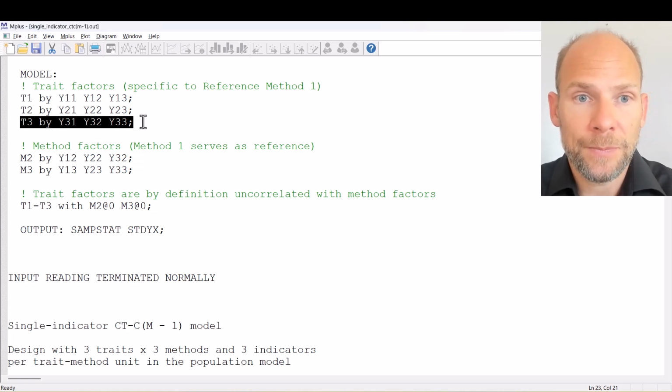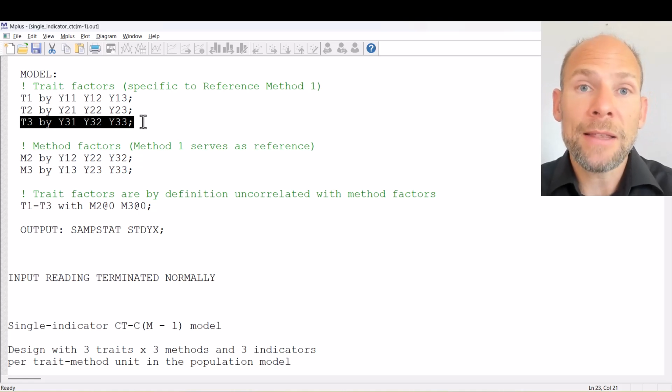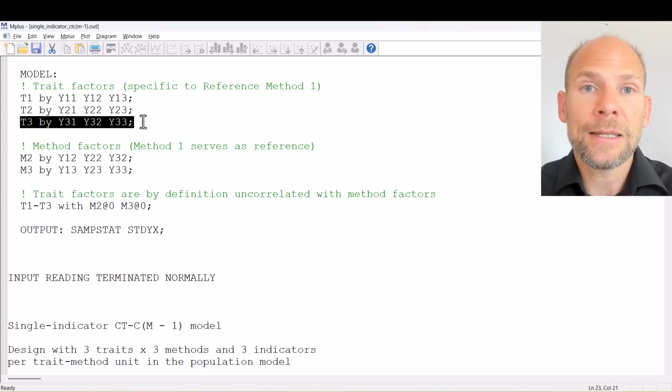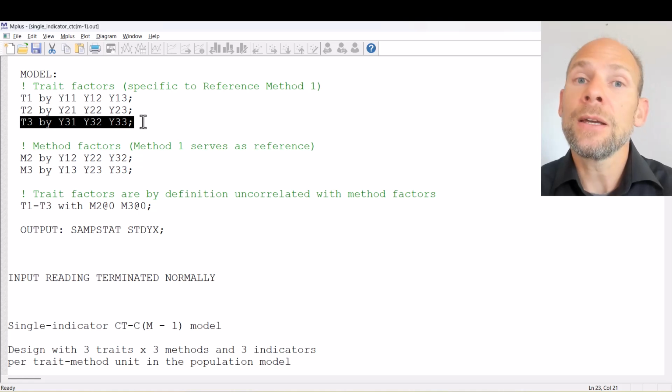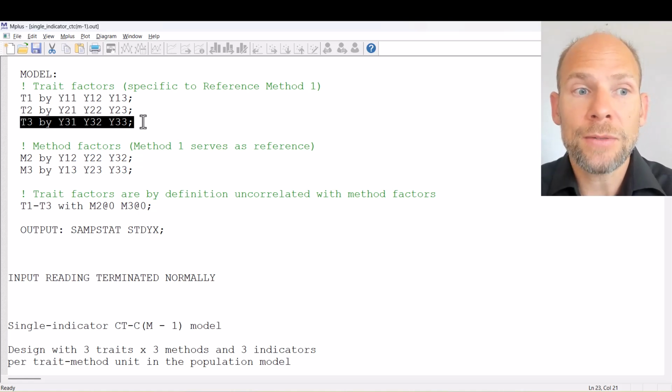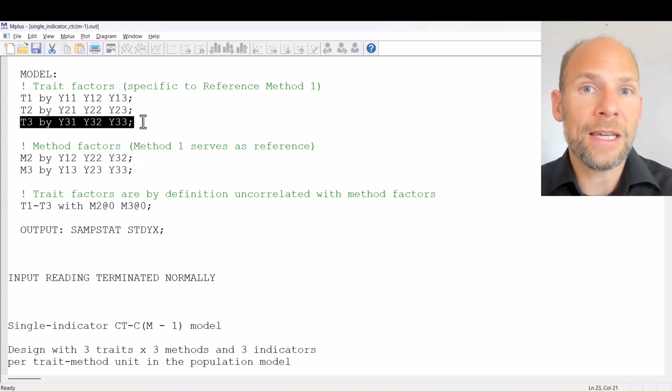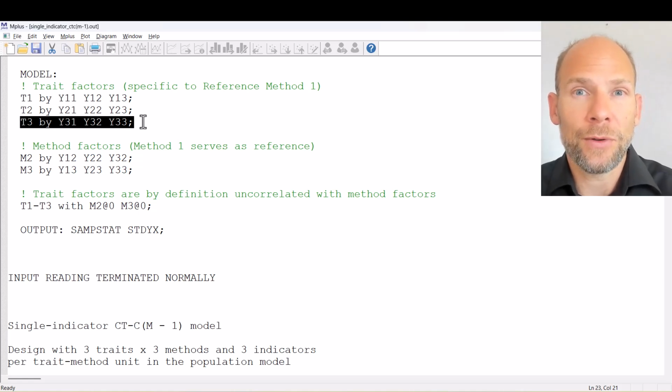Next are the method factors, and you can see that since method 1 serves as the reference method, we have only 2 method factors, one for method 2, the parent report, and one for method 3, the peer report. There's no method factor for the self-report, and that is one of the key defining features of the CTCM-1 model, that it does not specify a method factor for the reference method.